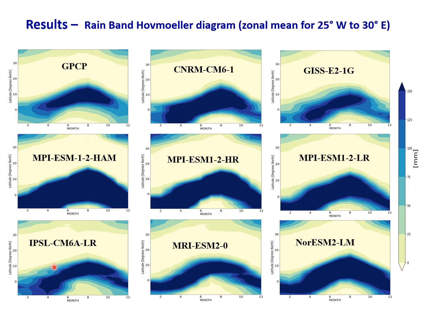However, we see that the winter or dry season rain bands are not captured well in the models. However, the GISS model, the CNRM model, and then the IPSL model are simulating the winter rain bands relatively closer to the GPCP dataset.